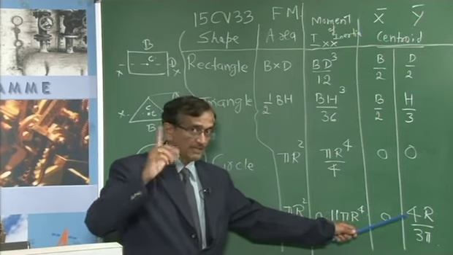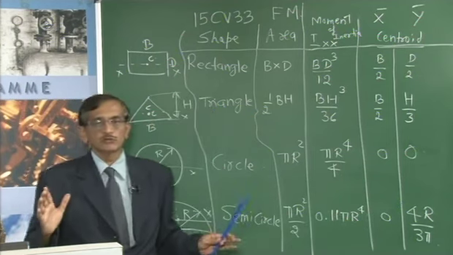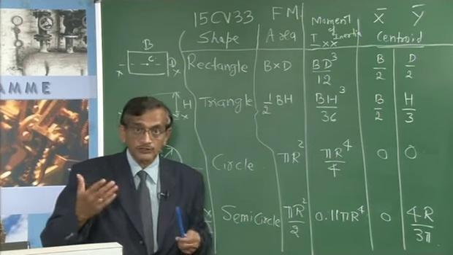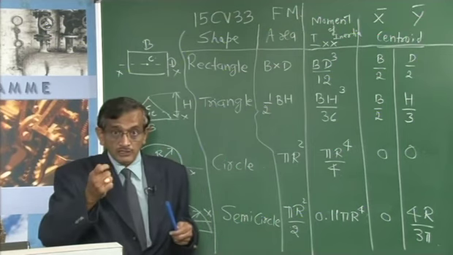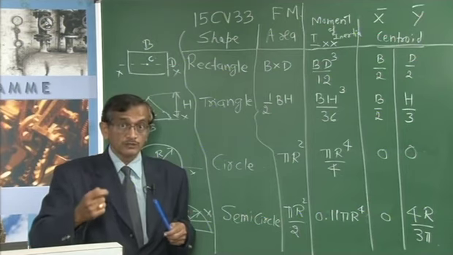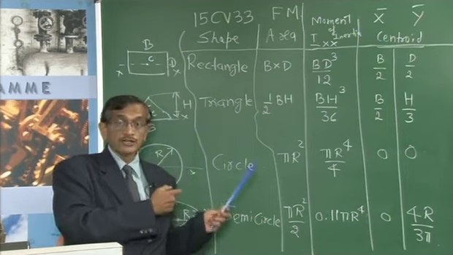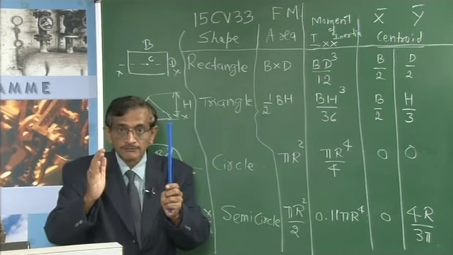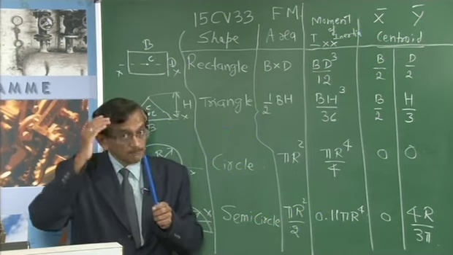Okay, 4r by 3 pi. So these are the standard formulae we are going to use when we compute the hydrostatic force and also the location of center of pressure. I repeat, we are going to use this centroid and moment of inertia for hydrostatic force and center of pressure for a plane figure.